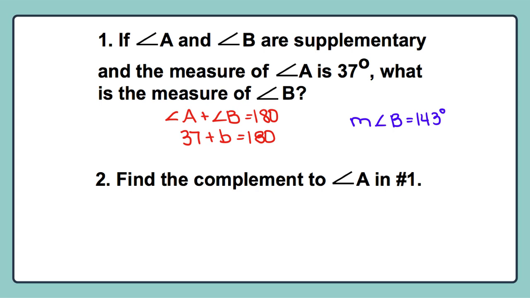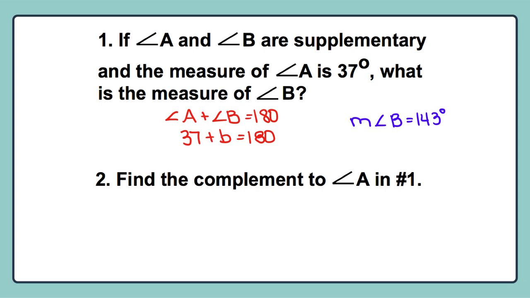The measure of angle B is 143 degrees. It's a math sentence written in symbols. The measure of angle B equals 143. It's kind of like x equals whatever. Yeah, kind of in a way. But we're writing sentences using math symbols. Nice and simple.